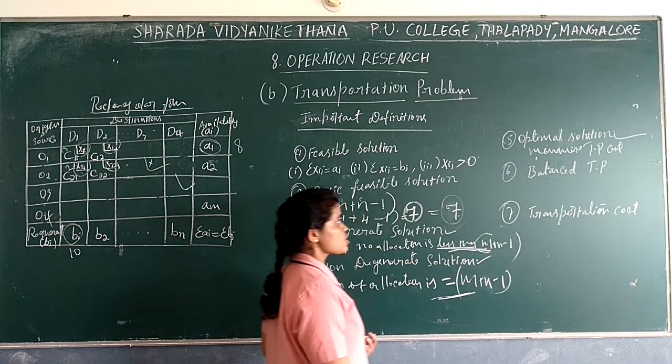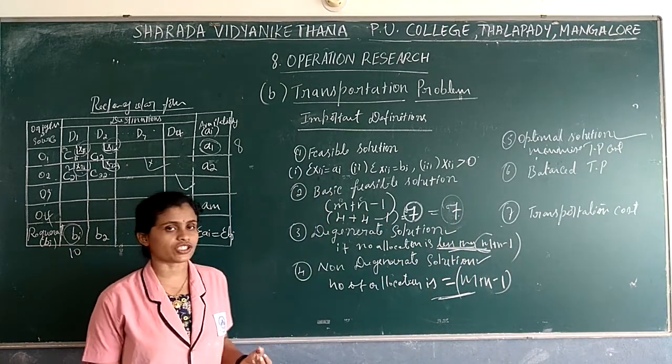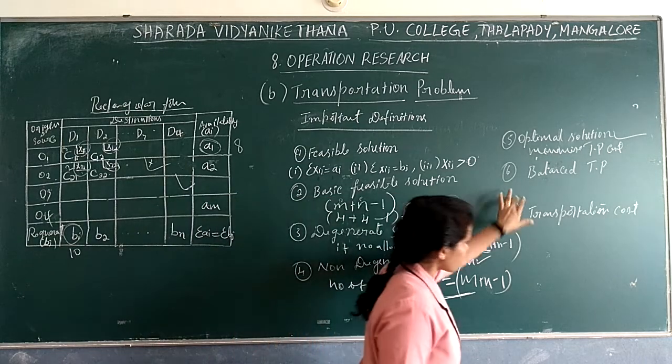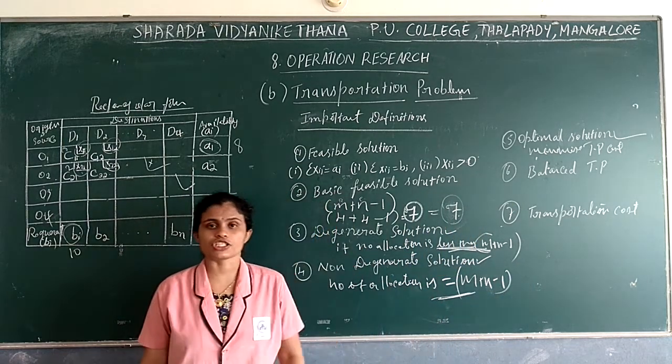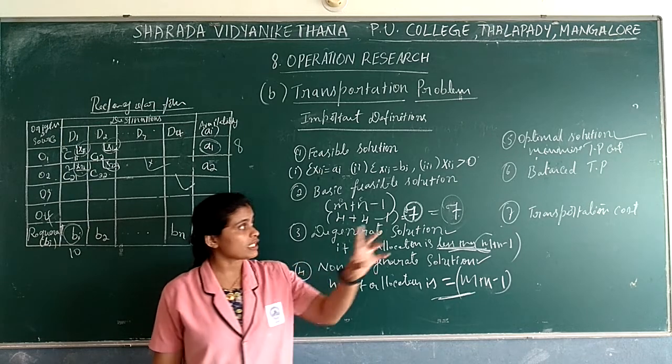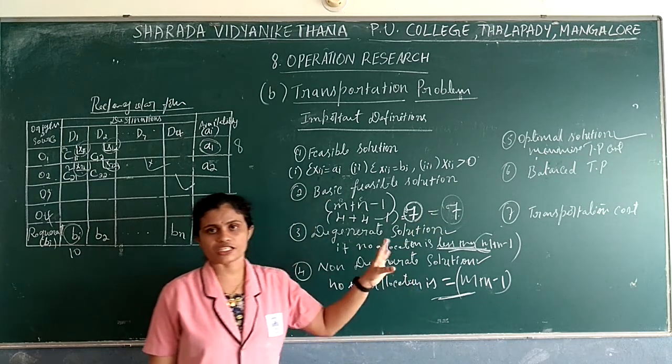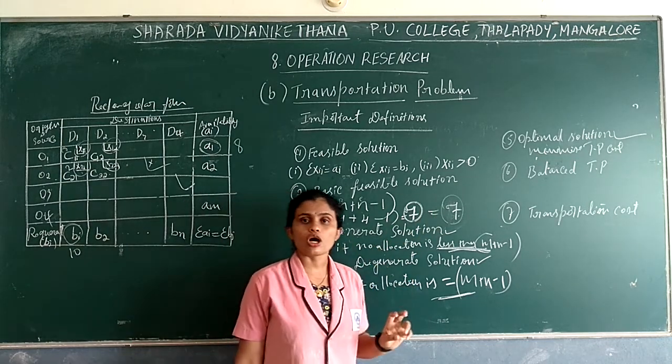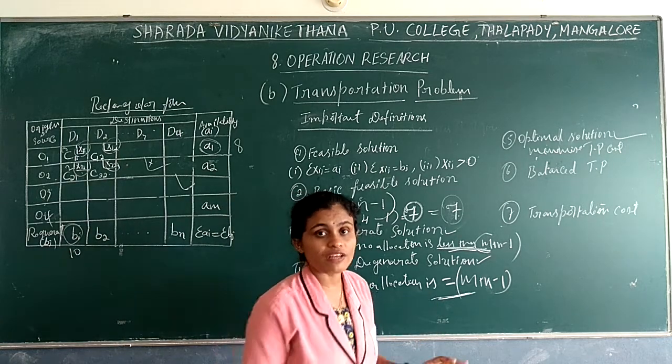Now, balanced transportation problem. This is one more important question. The question will be how we can say a transportation problem is balanced. Most of the time it appears in the examination: when can we call a transportation problem balanced?